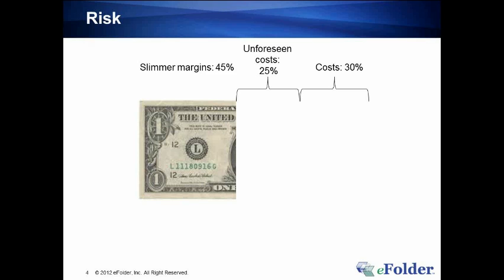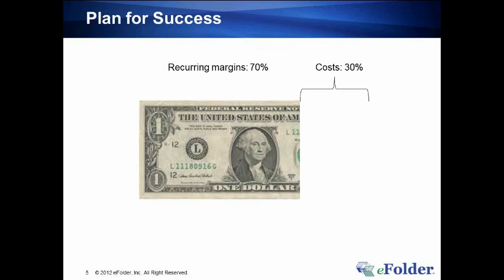And what we want to make sure that all eFolder partners are doing is thriving day to day, managing that migration of infrastructure from on-premises to the cloud, and delivering services to your clients that allow you to generate really attractive revenue on a monthly basis that's extremely profitable.